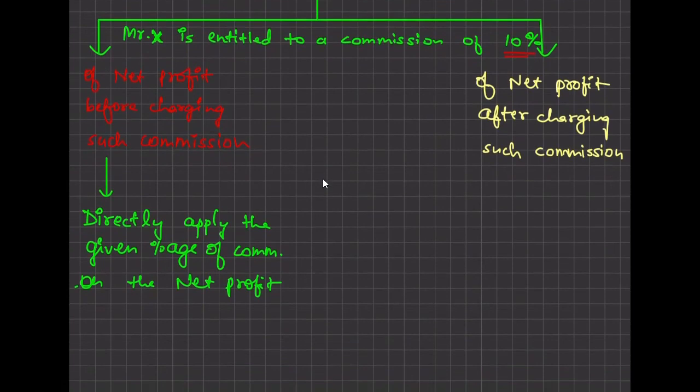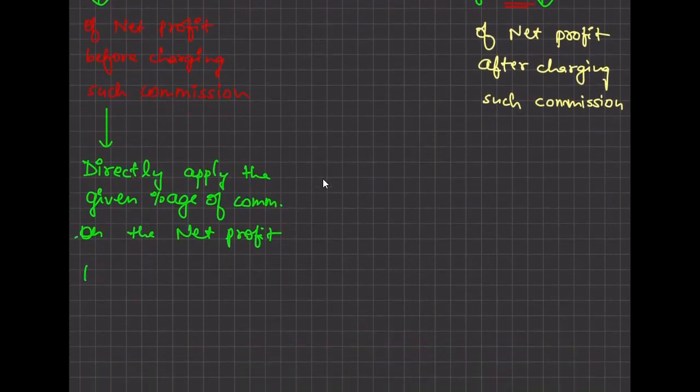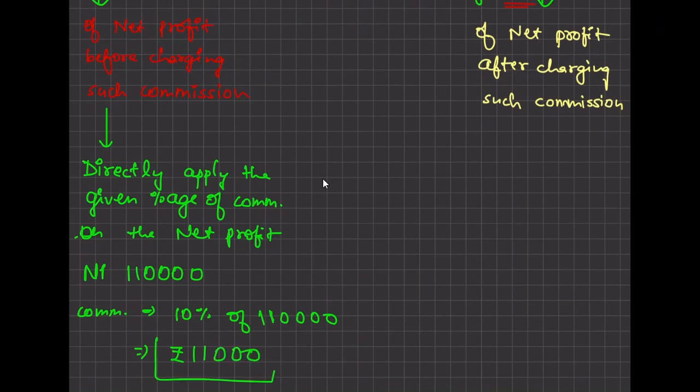In our case, there was a net profit of 1,10,000 and commission would be equal to 10% of 1,10,000. That would be rupees 11,000. This would be the commission of Mr. X. So this is very, very simple.